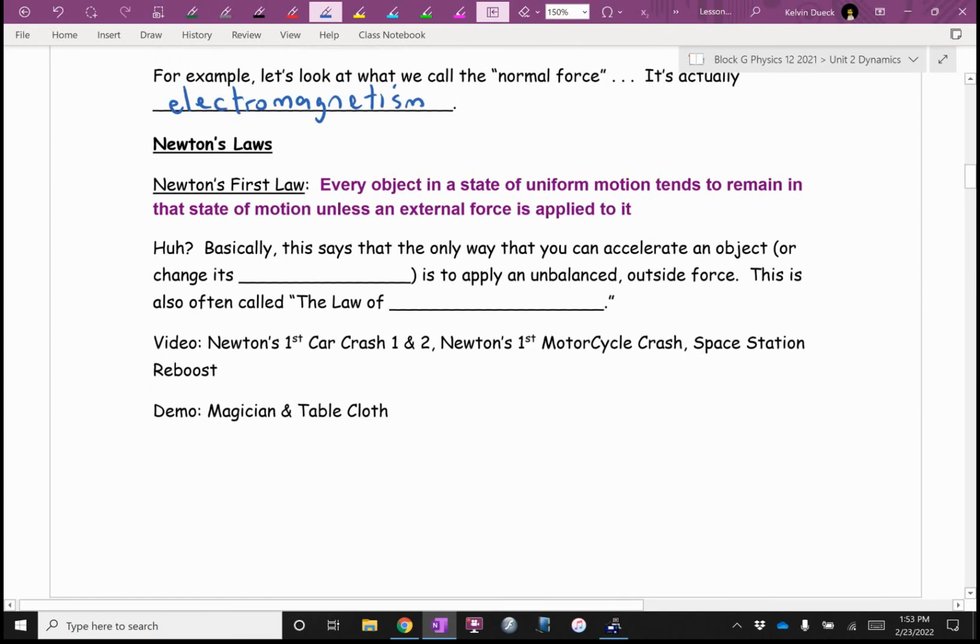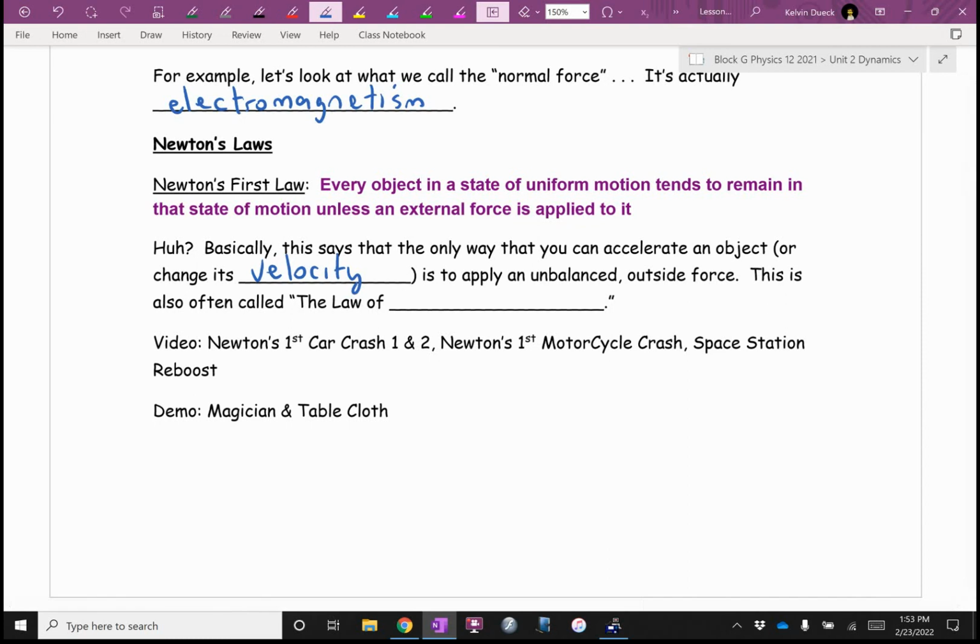Last year we learned about Newton's laws. I went on my Sir Isaac Newton rant. What was Newton's first law? Every object in a state of uniform motion tends to remain in that state of motion unless an external force is applied. Basically it says this: the only way that you can accelerate an object or change its velocity is to apply an unbalanced outside force.